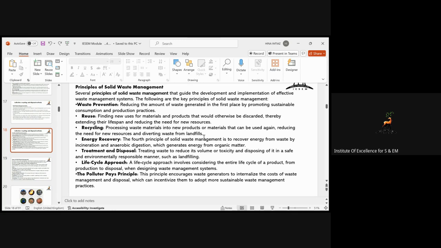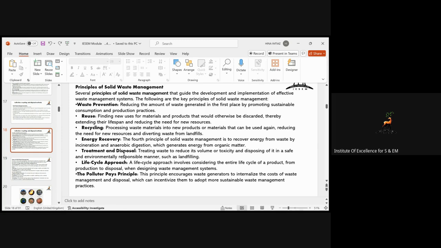And the next is energy recovery, which I have already discussed: you can break down the waste with the help of bacteria in anaerobic conditions, which generates methane gas from the organic matter.